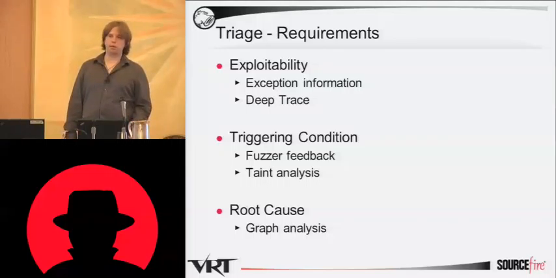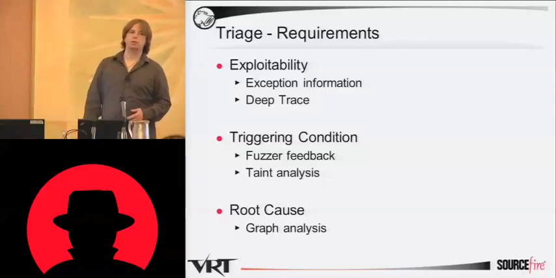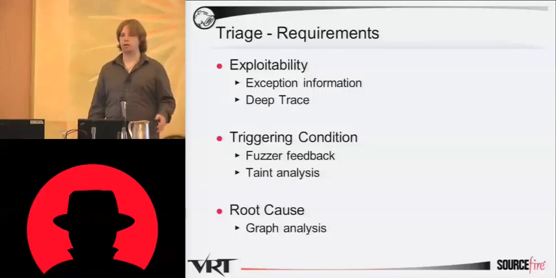Now, in our situation, in this specific case, where we're doing mutation fuzzing, we actually know the input. So we know that we modified this byte in this file, and it led to this crash. So in the context of fuzzing and finding new crashes, it's less important to understand the triggering condition. There are people doing research right now, JS FunFuzz for example, that will generate a huge JavaScript file.